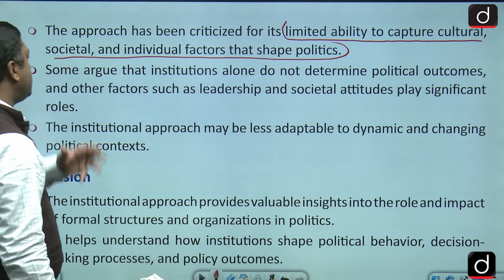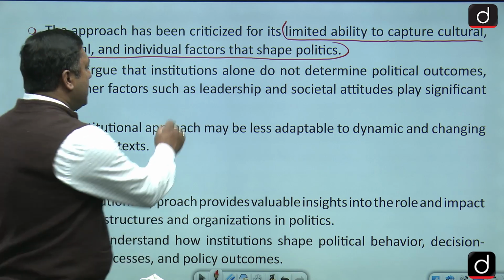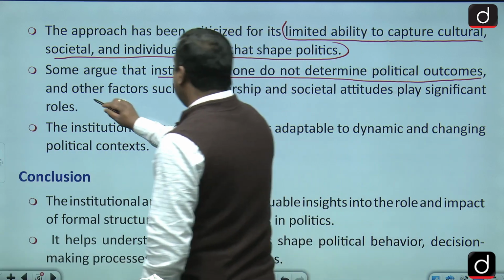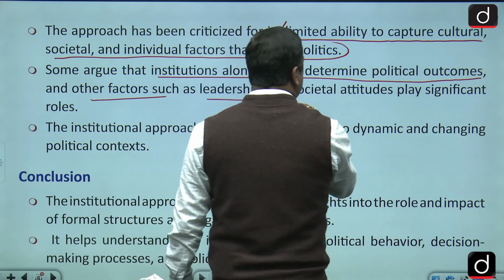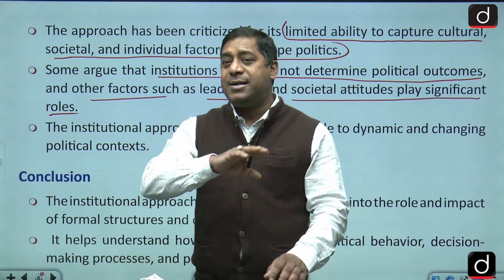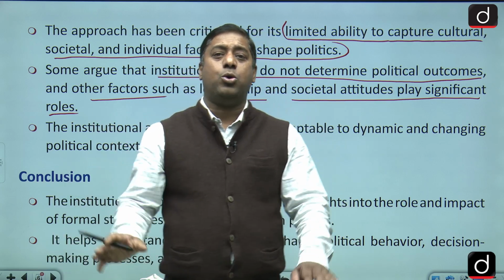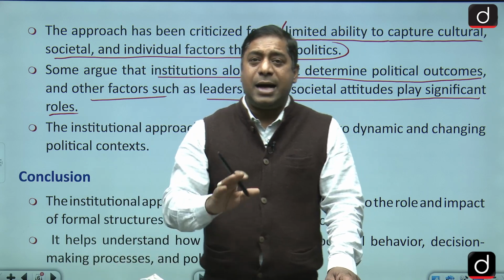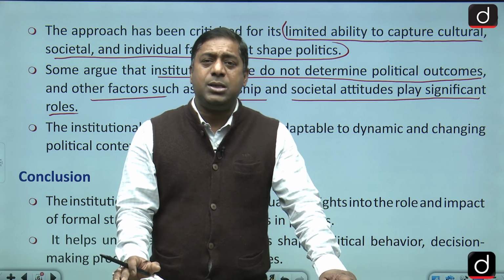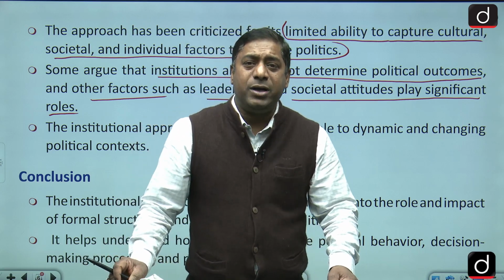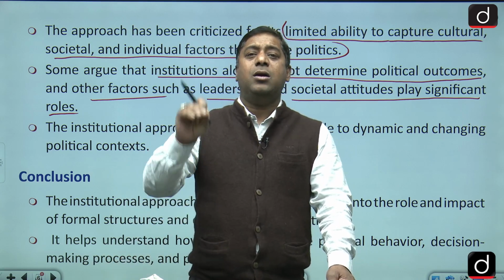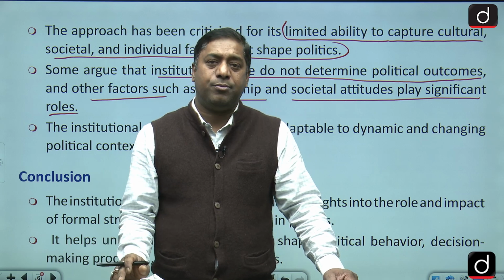The fourth criticism is on the grounds that institutions alone do not determine political outcomes. Other factors such as leadership and societal attitudes play a significant role. In the entire institutional approach, it was said that whatever the political behavior and political system, it is influenced by the formal political institutions.